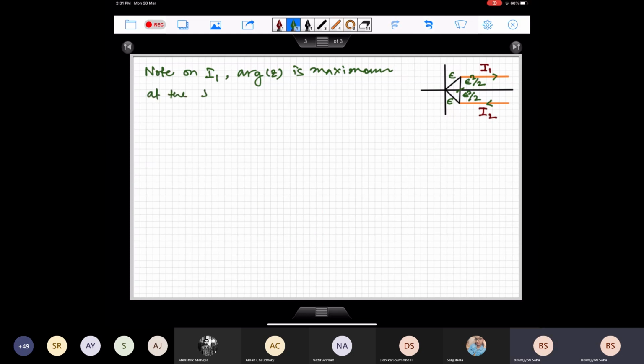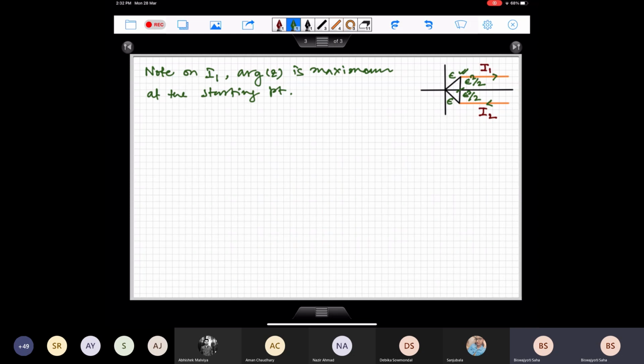Because this is the starting point of your I1, exactly at this point the argument is maximum, because if you take any other point of I1 and join the line, it's going to give you a smaller angle. So the argument at any point in I1 will be smaller than the argument at the starting point. That's the maximum value there.